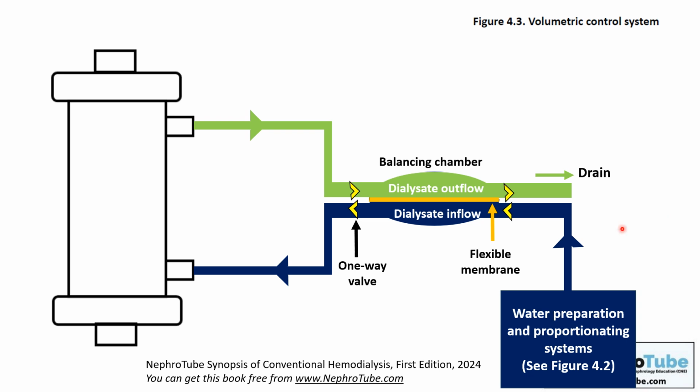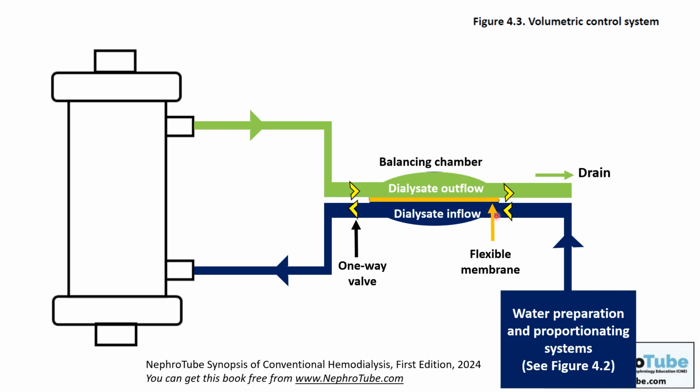Okay, so what is the main function of this balancing chamber? We mentioned now its structure. What is its main function? This balancing chamber guarantees that the dialysate inflow and the dialysate outflow will be equal.